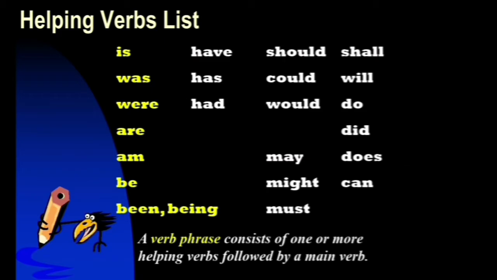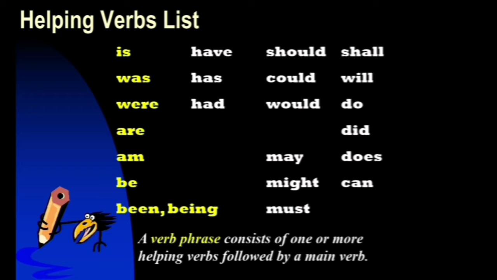Let's see some examples of helping verbs. Is, was, were, are, am, be, been, being, have, has, had, should, could, would, may, might, must, shall, will, do, did, does, can are examples of helping verbs.